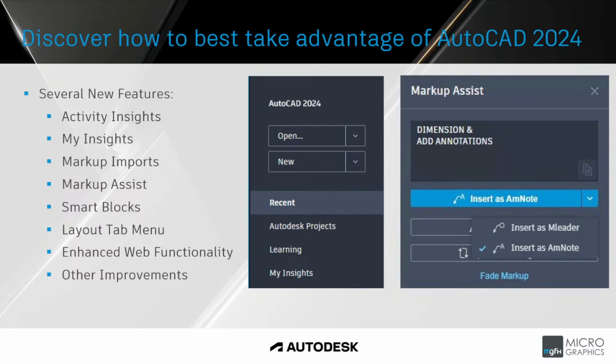So first off, discover how to best take advantage of AutoCAD 2024. With several new features, AutoCAD 2024 introduces Activity Insights. This provides details on multi-user activities in a DWG file. Stay connected to data throughout your project lifecycle. Be informed of relevant file changes and access with an activity log.